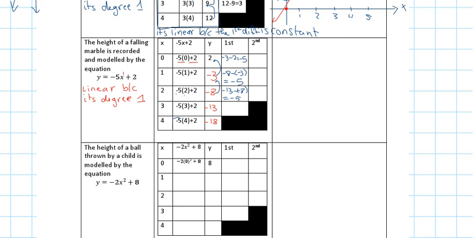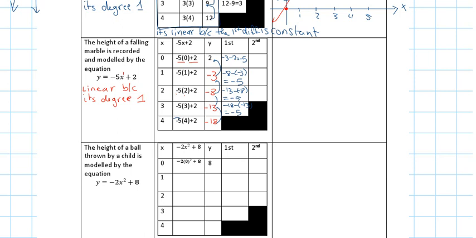And then the last one is negative 18 take away negative 13. So that's negative 5 again. What do you notice here? They're constant. The first difference is the same. It's negative 5, negative 5, negative 5, negative 5.